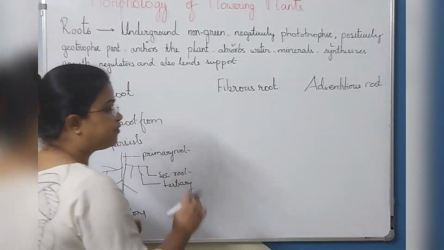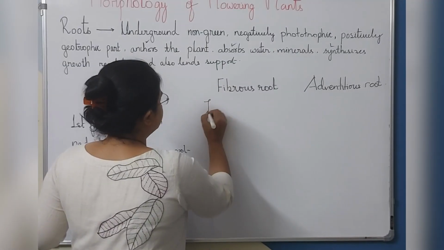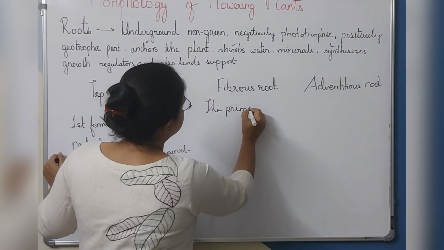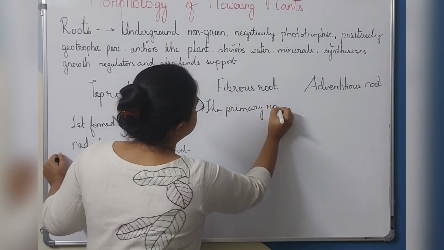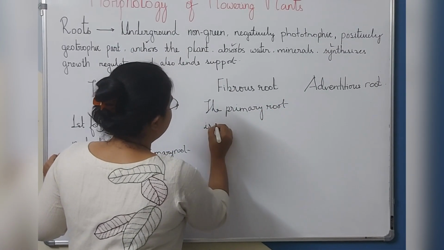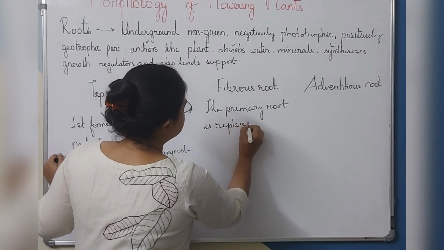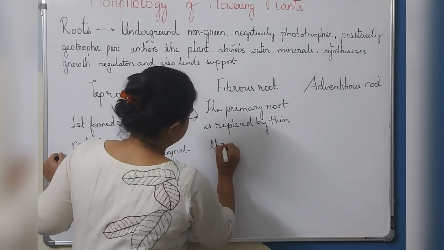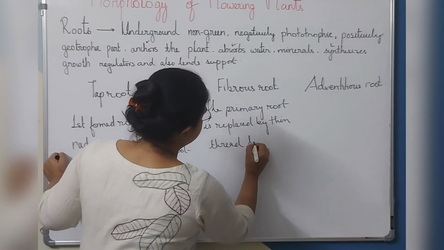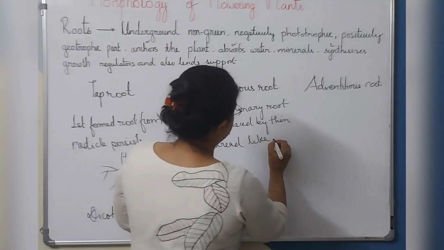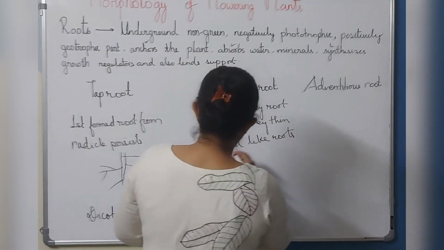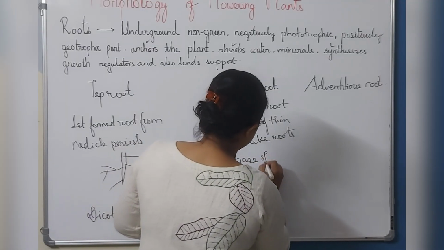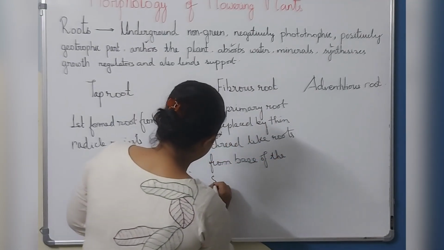What happens in fibrous? The first formed root, the primary root, dies, and it is replaced by thin thread-like roots from the base of the stem, the base of the shoot system.